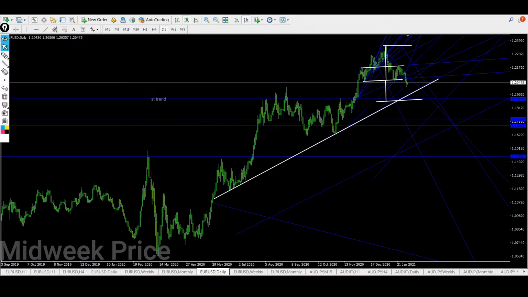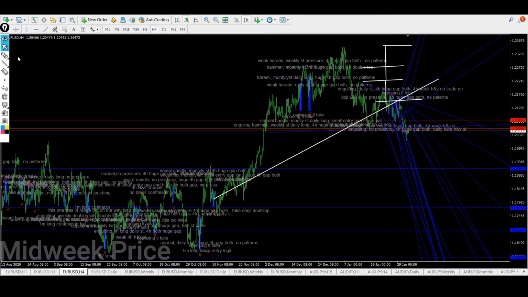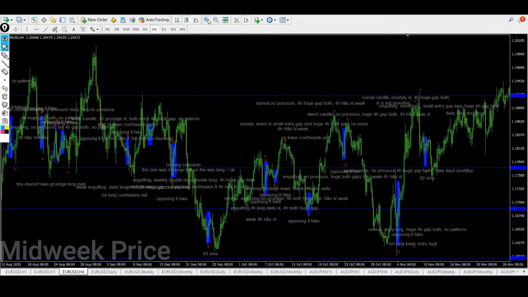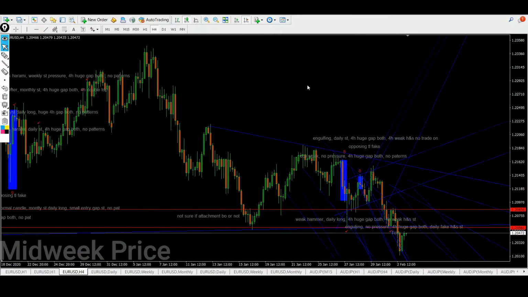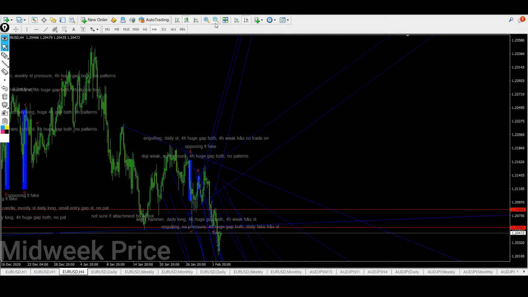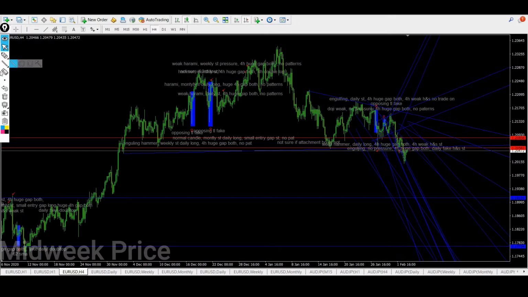Okay, so let's talk midweek price action. We're on the 4-hour chart now. On the 4-hour chart, basically what happened is there was a short trade right here, a week-long trade, that got stopped out and it's falling down.